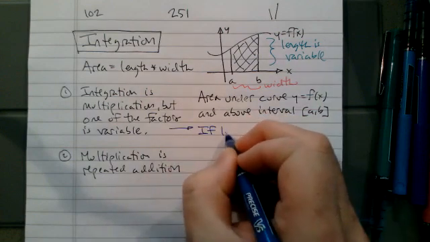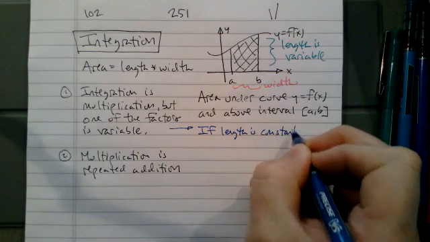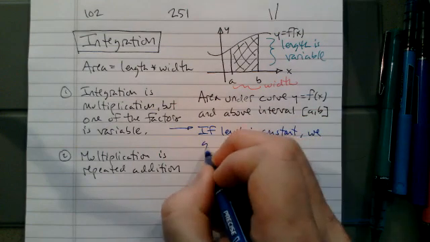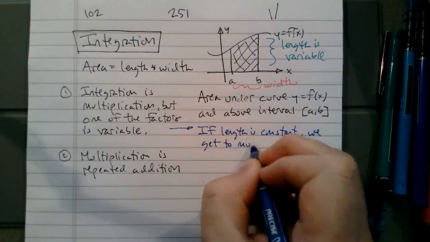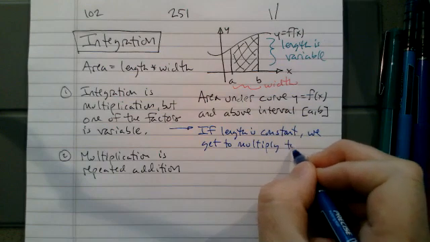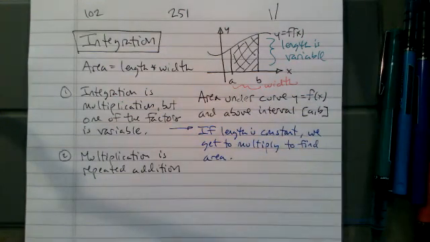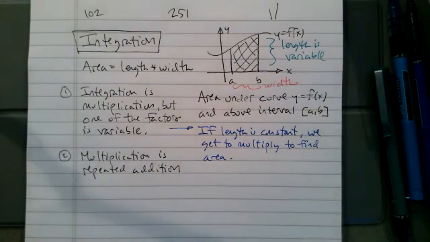If the length is not constant, we have to drop it down a level to addition. So when the length is not constant, we drop down to addition.